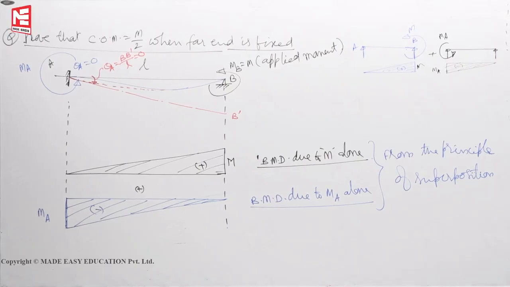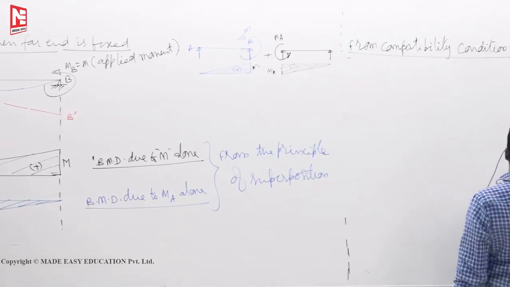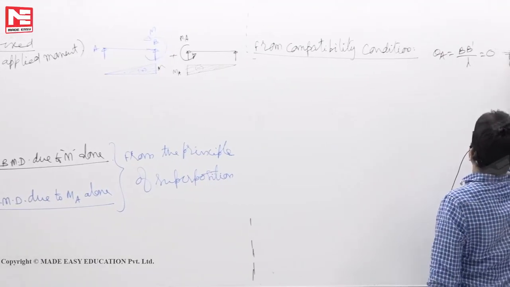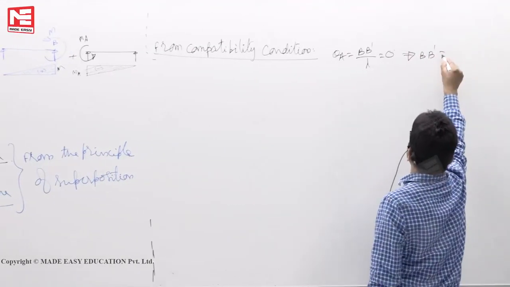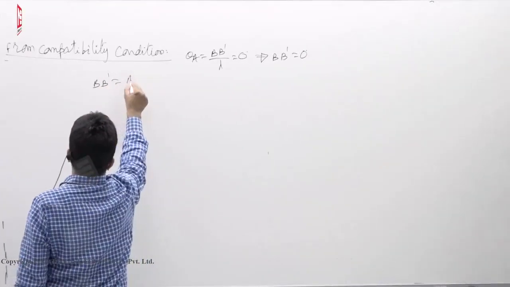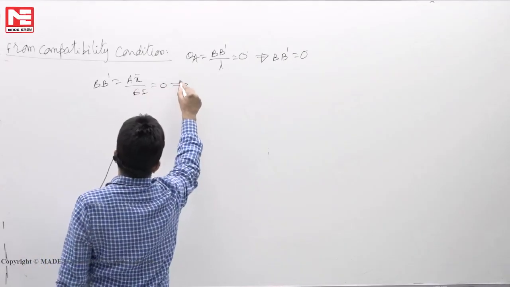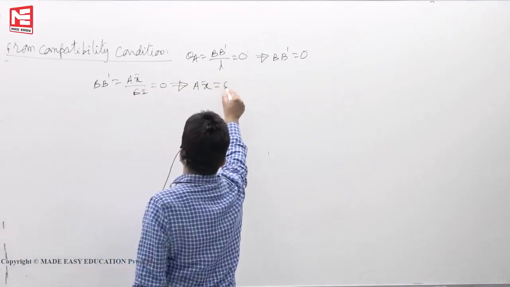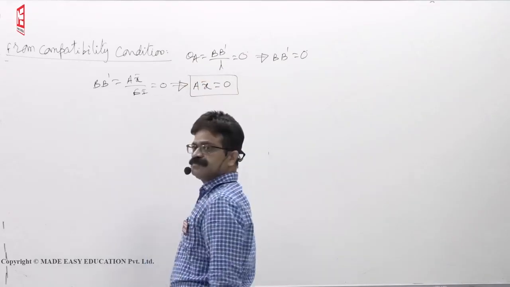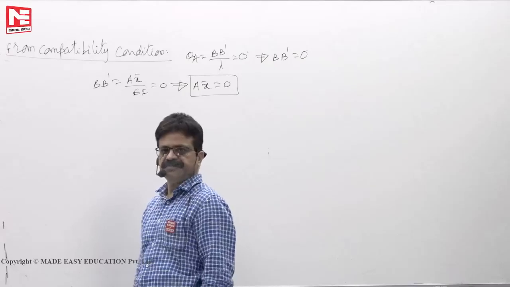From compatibility condition, theta A is equal to BB dash by L is equal to 0, which means that BB dash is equal to 0. What is BB dash? From Mohr's theorem, A X bar by EI must be 0, which means that A X bar must be 0. Area into X bar must be 0. Otherwise, theta A will not be 0.